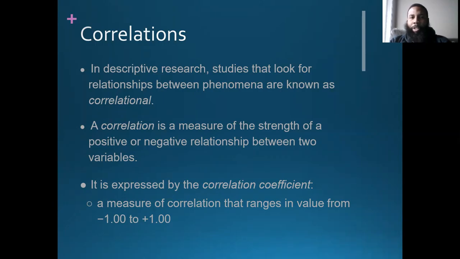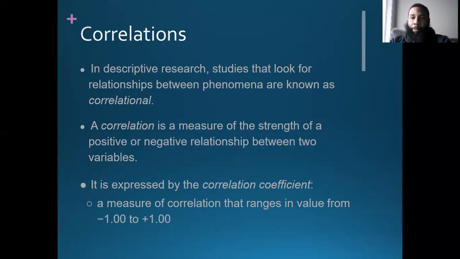And correlations are simply a way to understand if two events have any type of statistical relationship to one another, right? So correlation is the measure of the strength of a positive or a negative relationship or associationship between two different variables.